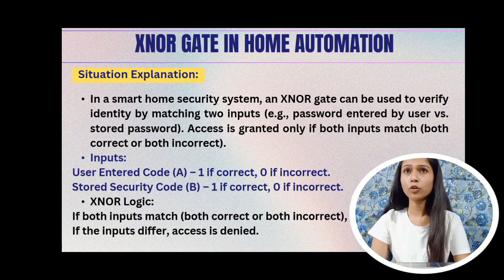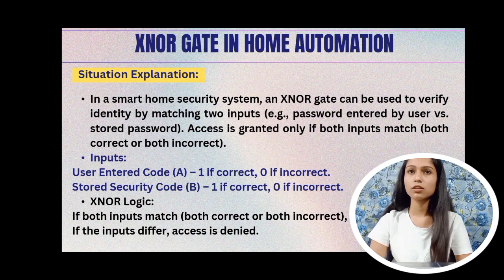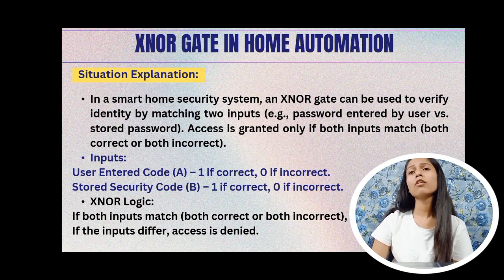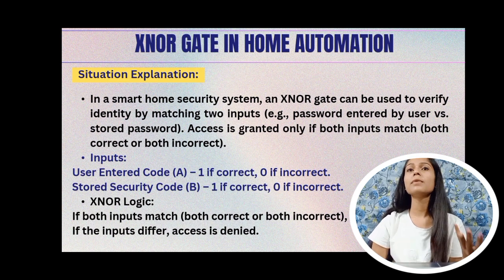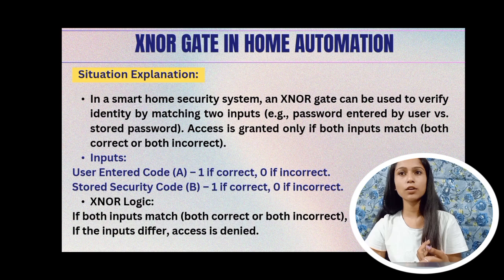XNOR gate in home automation. In a smart home security system, an XNOR gate can be used to verify identity by matching two inputs: the password entered by the user and the stored password. Access is granted only if both inputs match, if both are correct or both are incorrect. The inputs of the XNOR gate will be the user-entered password and the stored security code.